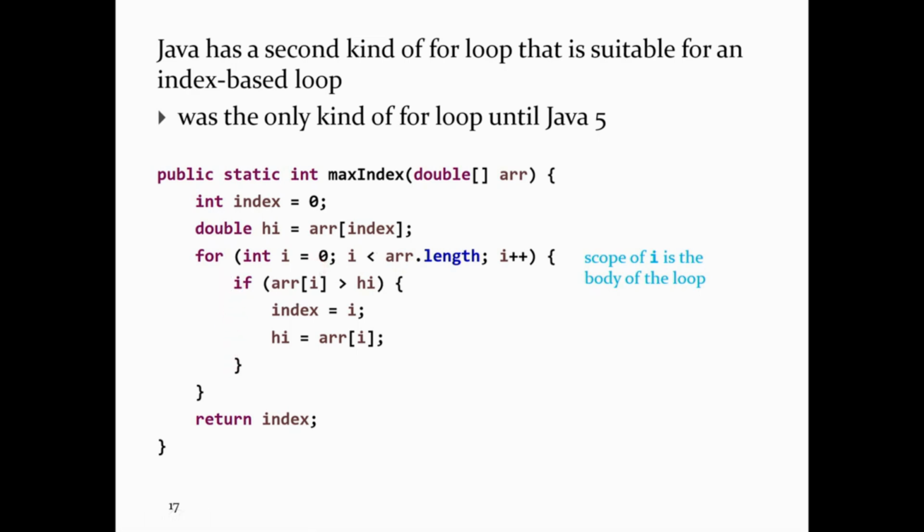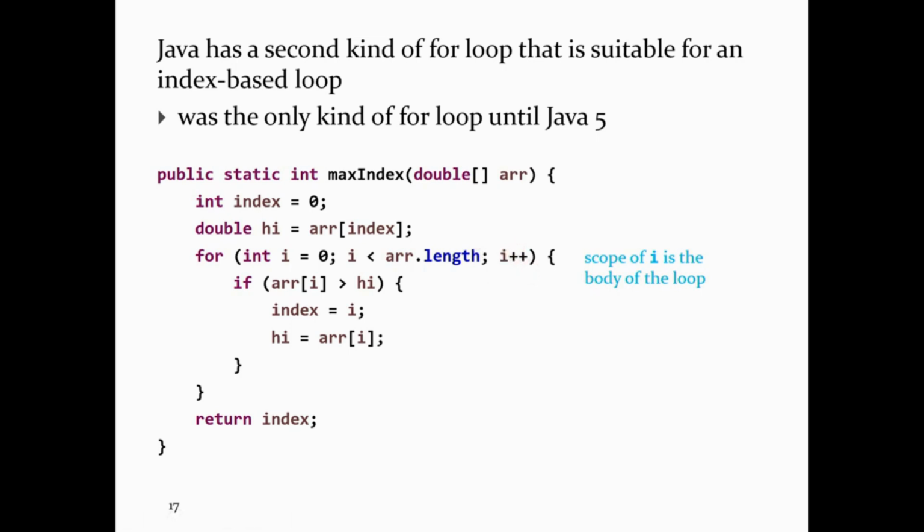After the loop runs, whatever is here runs. So this is the loop update expression. So int i equals 0, semicolon. The semicolon has to be there. i is less than the length of the array, semicolon. The semicolon has to be there.